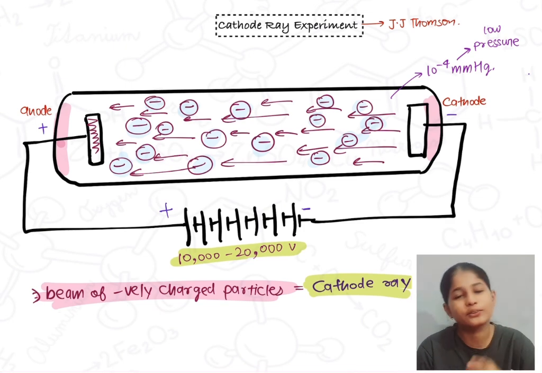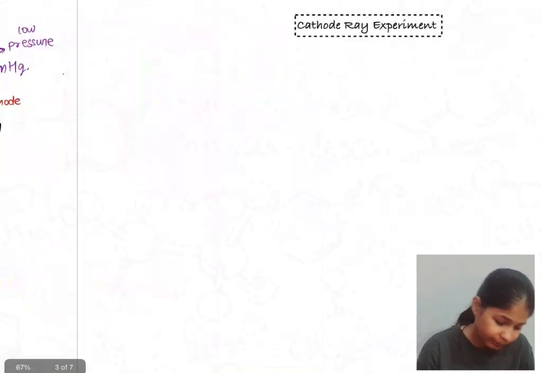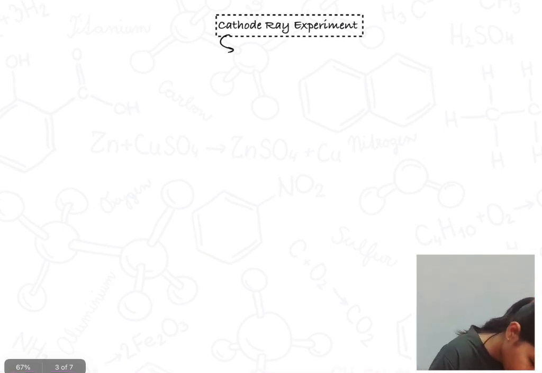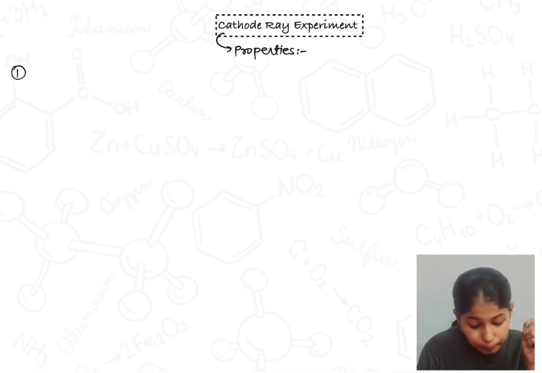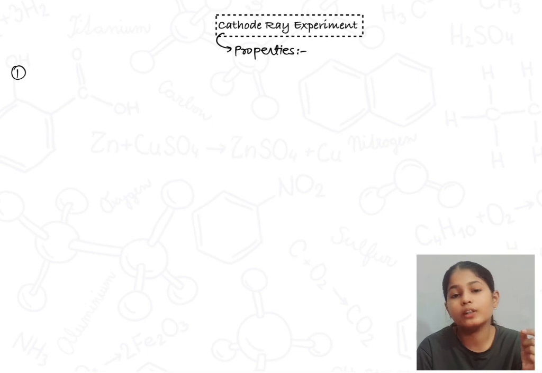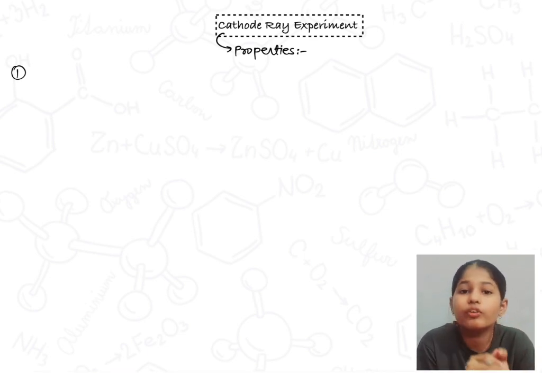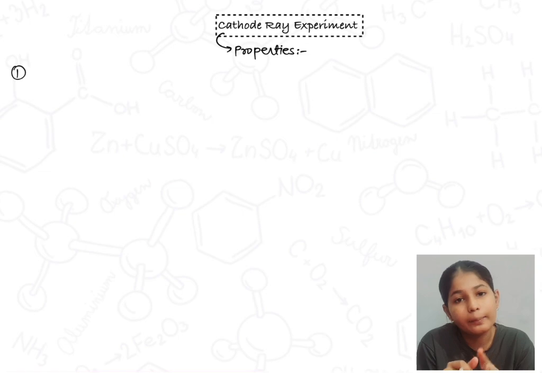But before that, let's talk about the properties of cathode rays. Our first property of cathode rays was that these cathode rays get deflected by electrical and magnetic fields.